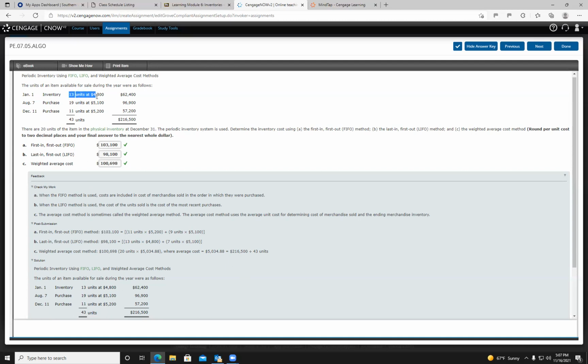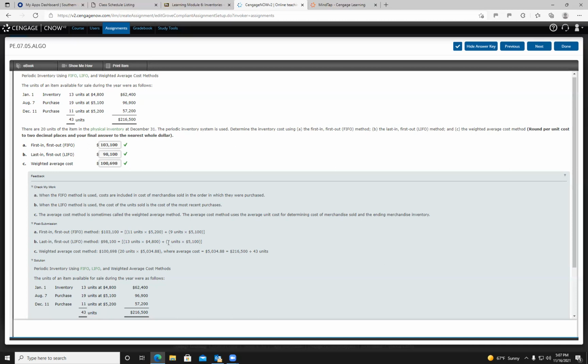So we're going to immediately assume that of the 20 units we have on hand, 13 of them came from the beginning inventory balance on January 1st. If you look right here, we see that calculation down here. We have 13 units times 4,800 a unit. And then we're going to take the remaining 7 units out of the purchase made on August 7th.